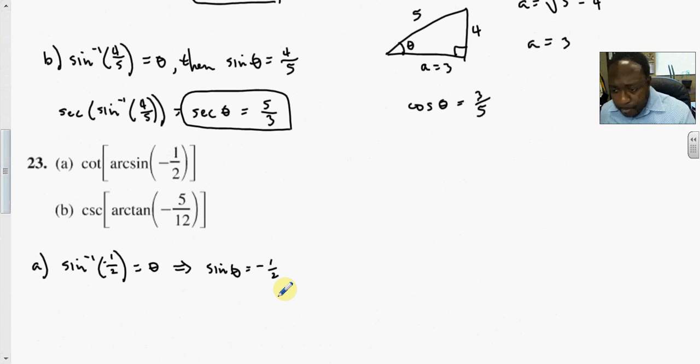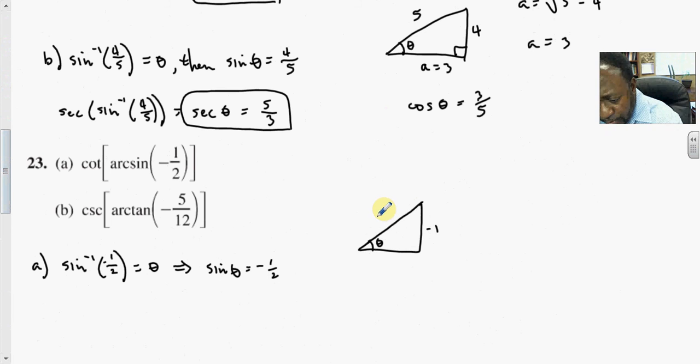So here we have theta, and here it says sine theta, and so the opposite here would be negative 1, and then the hypotenuse is 2.